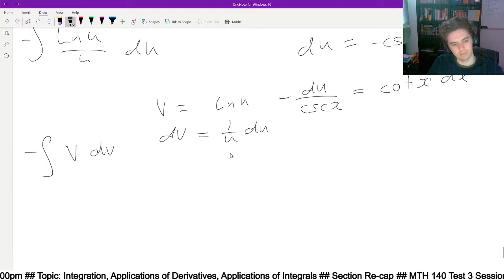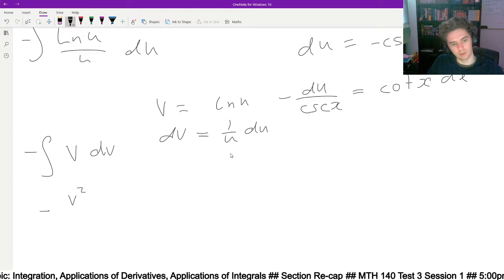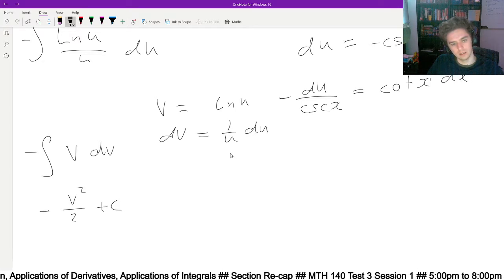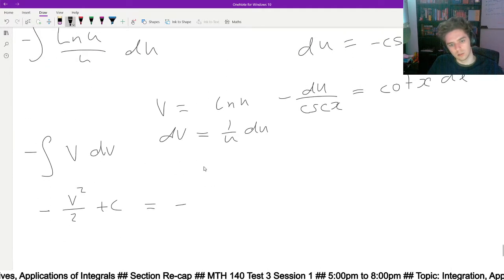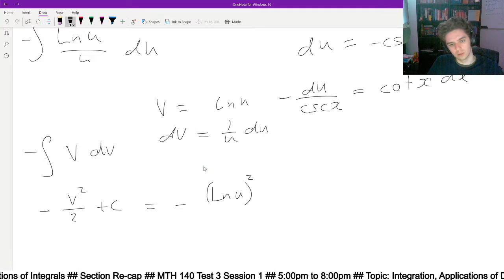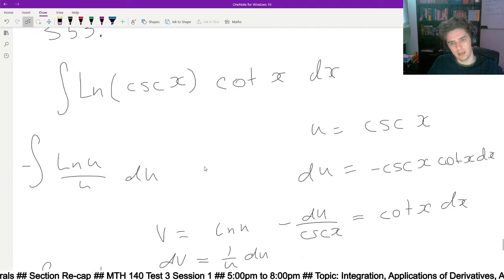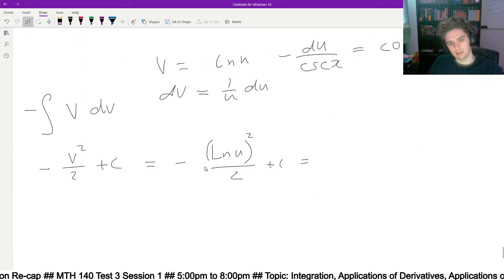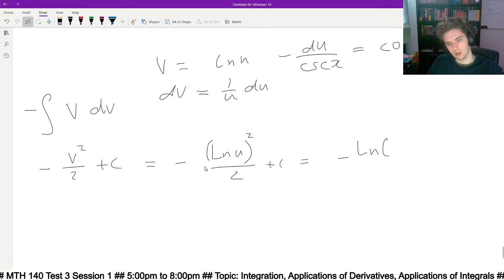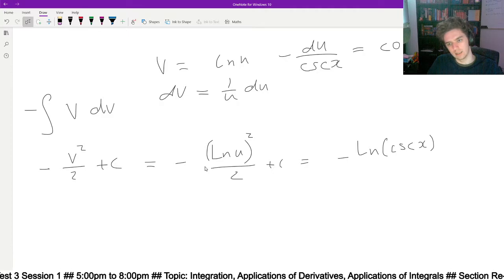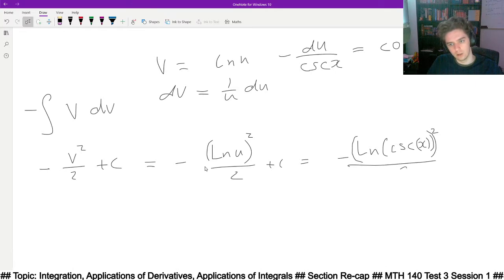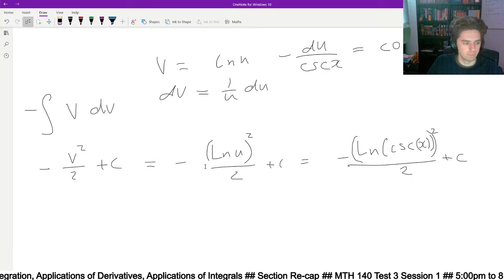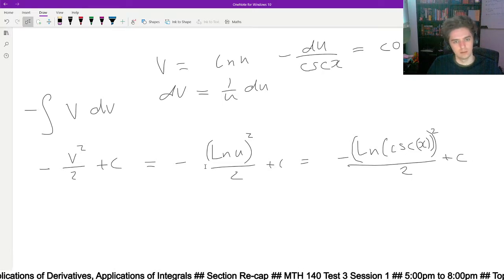So negative v squared over 2 plus c equals negative, v was ln u, so ln u squared over 2 plus c, and u was cosecant x. So negative ln cosecant x, squared, should be another set of brackets there really, over 2 plus c. Okay, yeah, that worked.